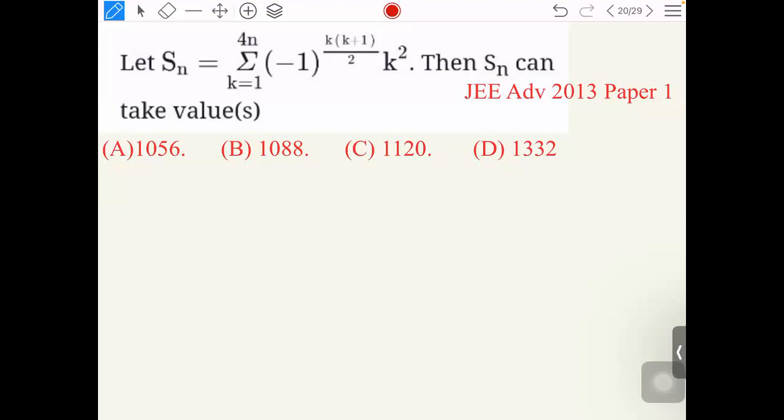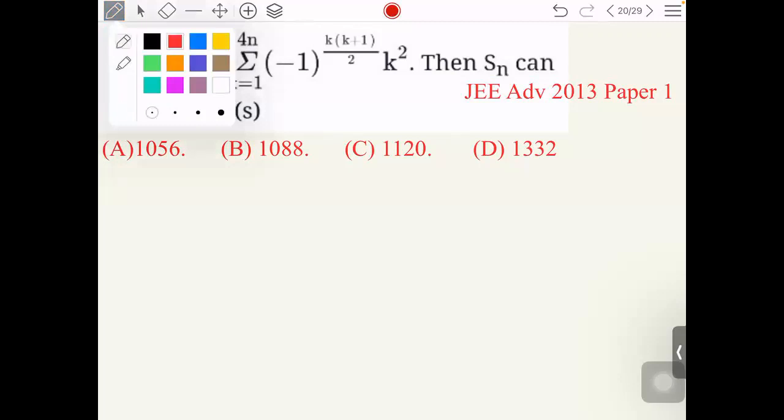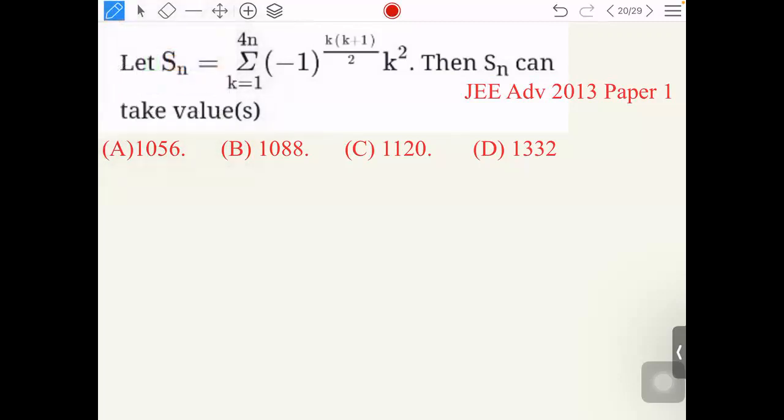Okay, so now let me start. So this question came in JEE Advanced 2013, paper 1.